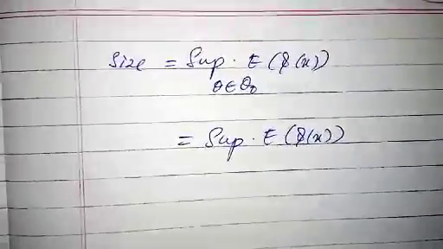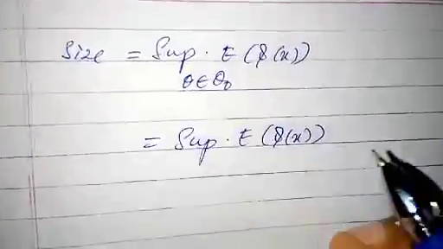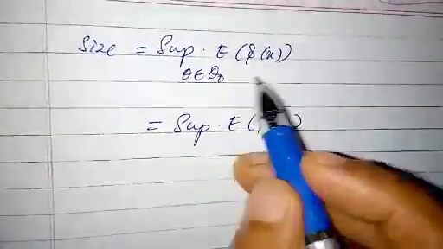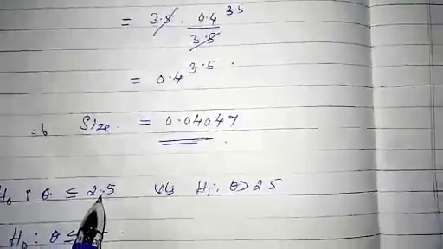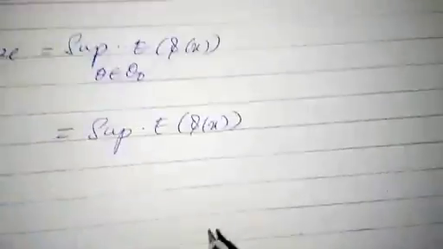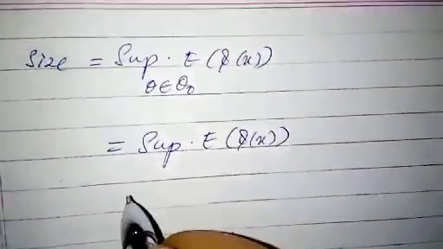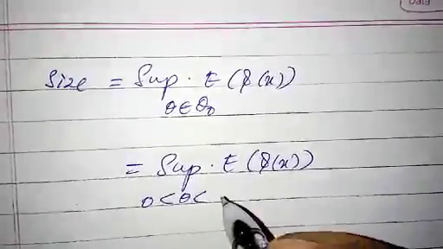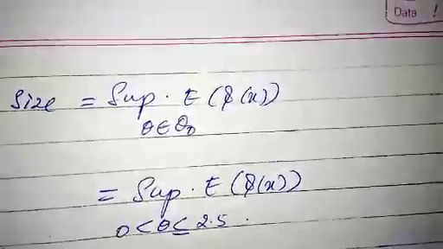Theta naught is theta less than or equal to 2.5. The range of theta is 0 to infinity, so here we will take the supremum of the expectation of phi of x over 0 less than theta less than or equal to 2.5. Understood?